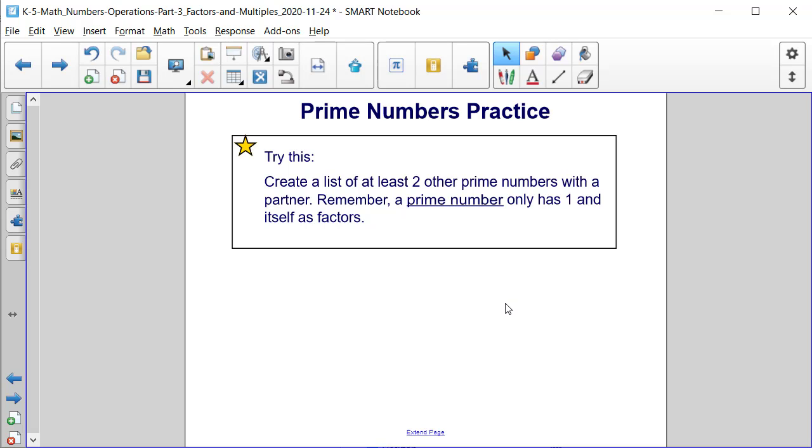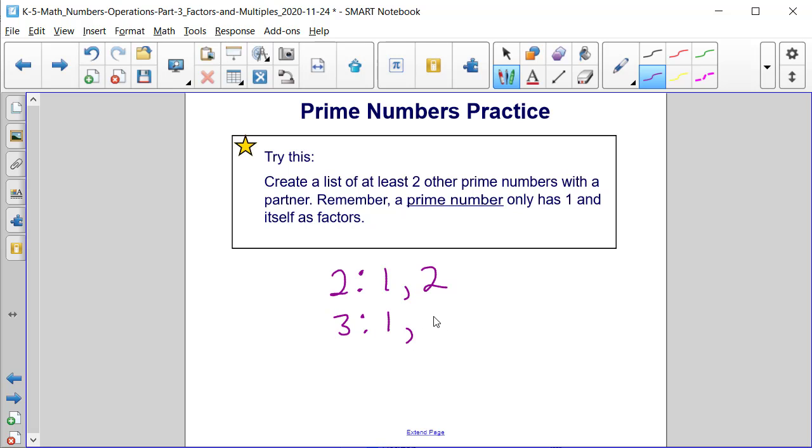Remember that a prime number only has 1 and itself as factors. There are many answers to this question. Other numbers that satisfy it are 2, because the only factors of 2 are 1 and itself. 3 is another, because the only factors of 3 are 1 and 3.